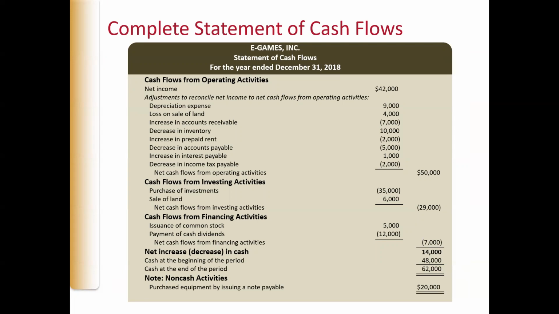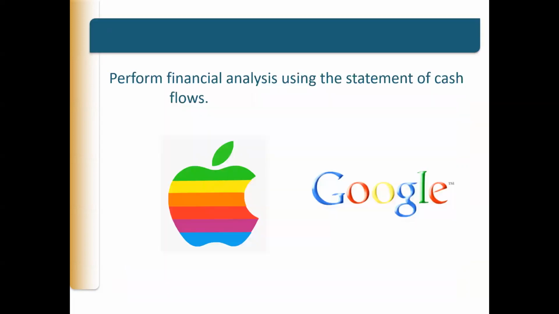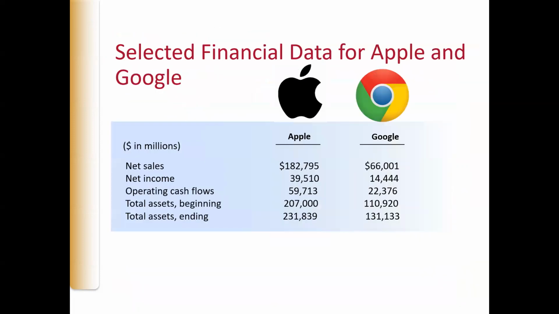And then we've got our investing and our financing. We have a net increase or decrease in cash, what we would begin the year with to come up with cash at the end of the period. Now I'll let you handle the different ratios on your own.